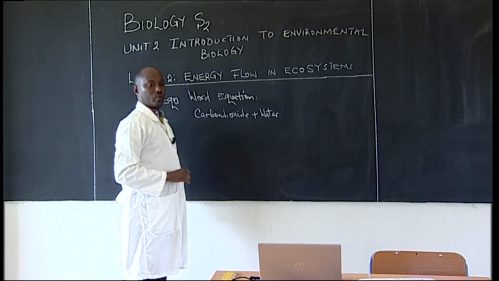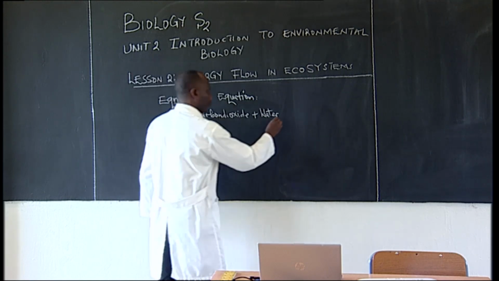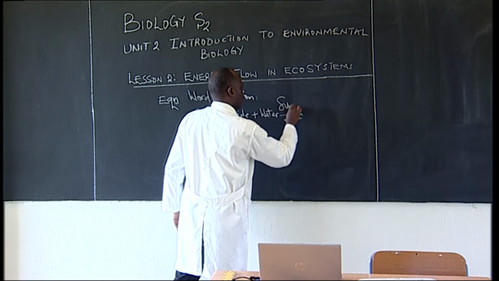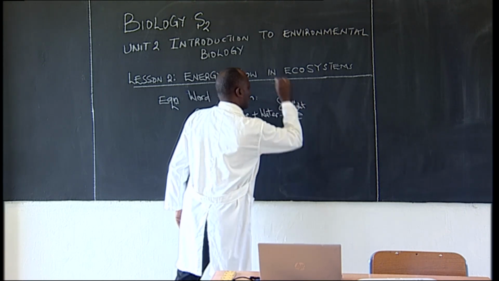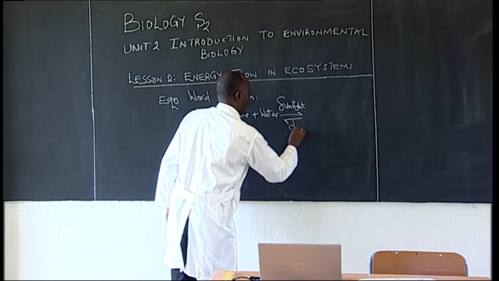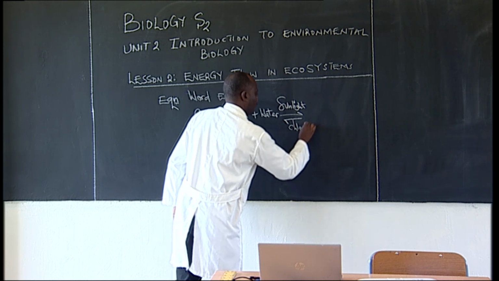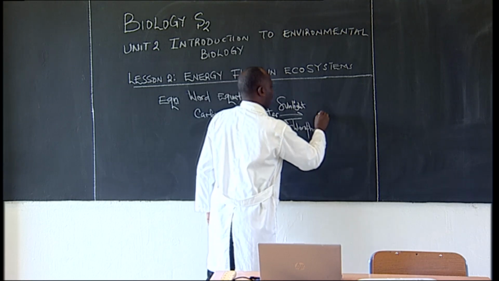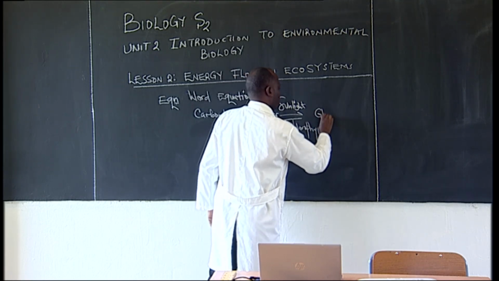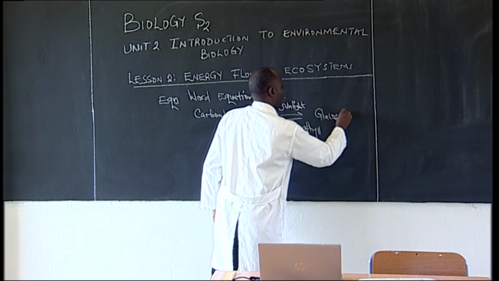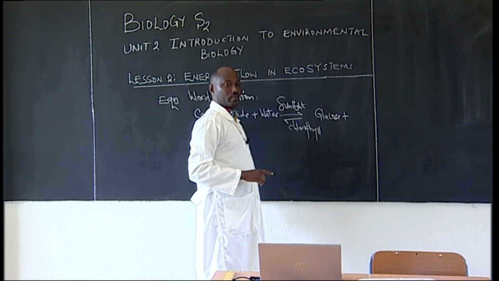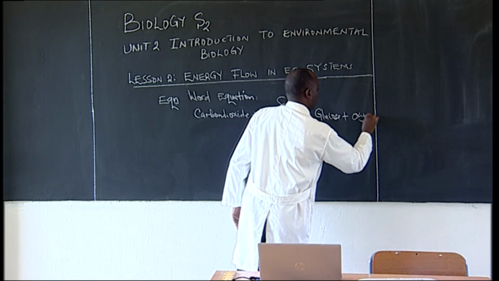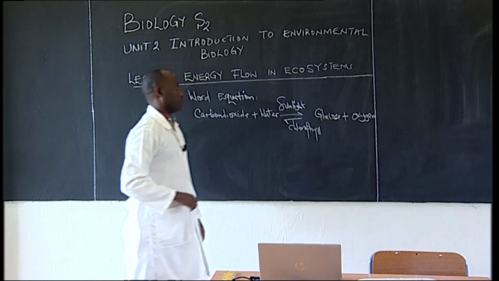Now, in the presence of sunlight, as I told you, as a source of light, sunlight energy, and chlorophyll, to get glucose plus oxygen, which is given out as a byproduct. That is the word equation.